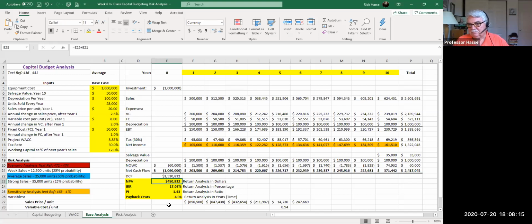Happens all the time. And in this case that we looked at a couple weeks back, we invested $1 million. Our cost of capital was almost about 9%.